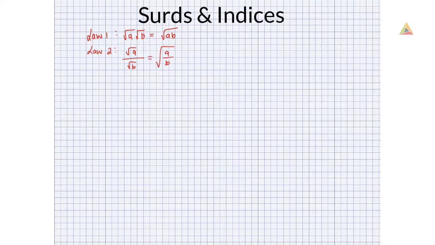Now I'll put these into practice. So we're going to do some examples. So example 1. Simplify the following expressions using laws of surds.